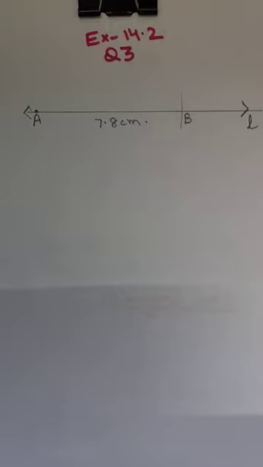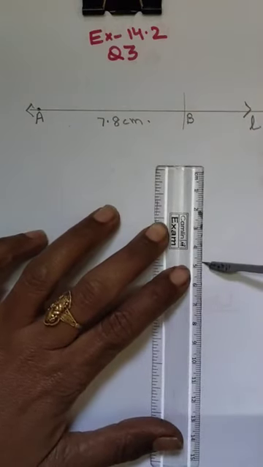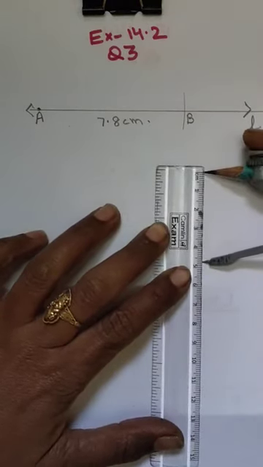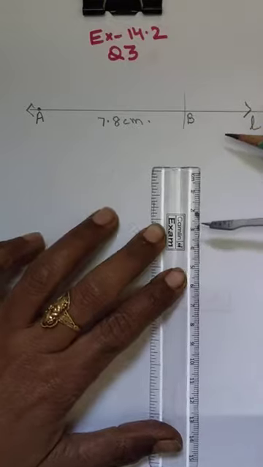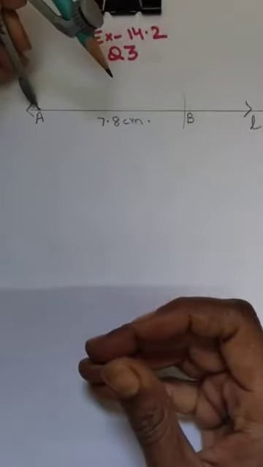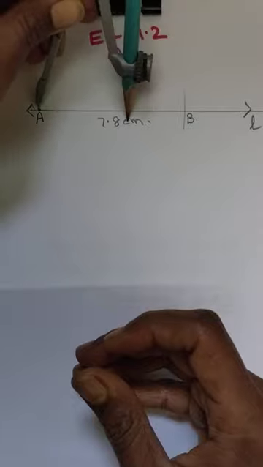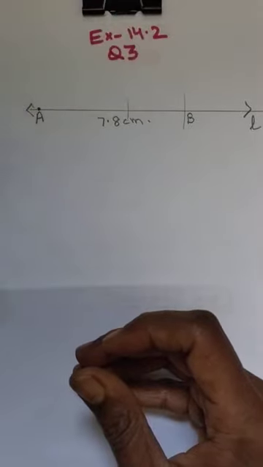From this, cut off AC of 4.7 centimeter. AC 4.7. So now you need to open your compass to a radius of 4.7 centimeter. This is 4.7 centimeter. Place the pointer of the compass at A. Draw an arc.